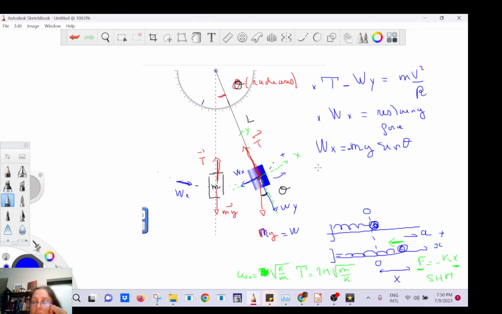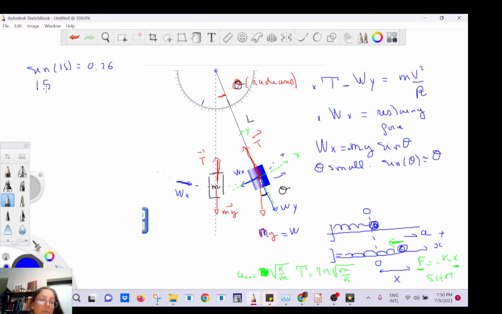But then I told you that theta is relatively small. And if this is the case, sine theta is about equal to theta in radians. So for example, if you do sine 15, you get 0.26, right?